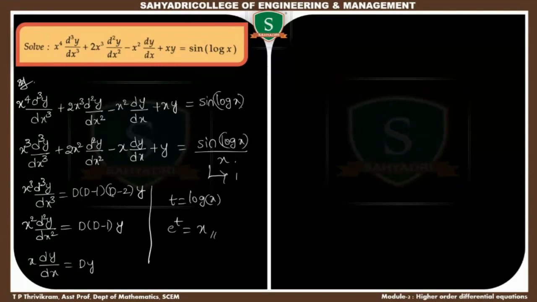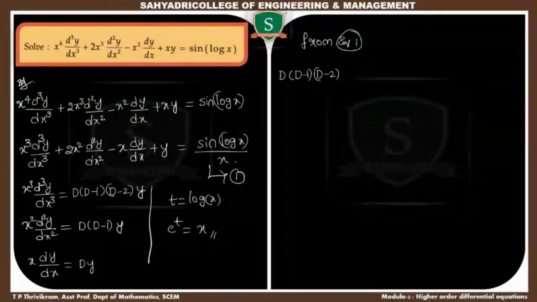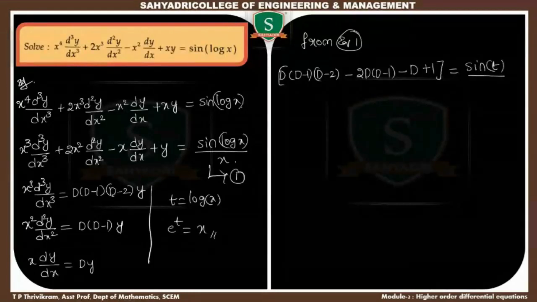That means from equation 1 we'll get d into d minus 1 into d minus 2, minus 2d into d minus 1, minus d plus 1, is equal to how much? Sine of log x. Log x value is t divided by e power t.